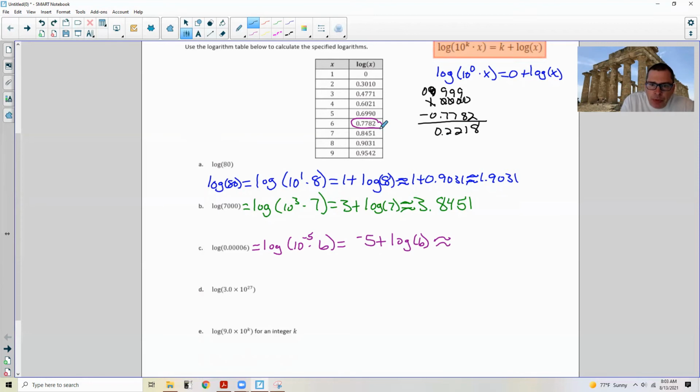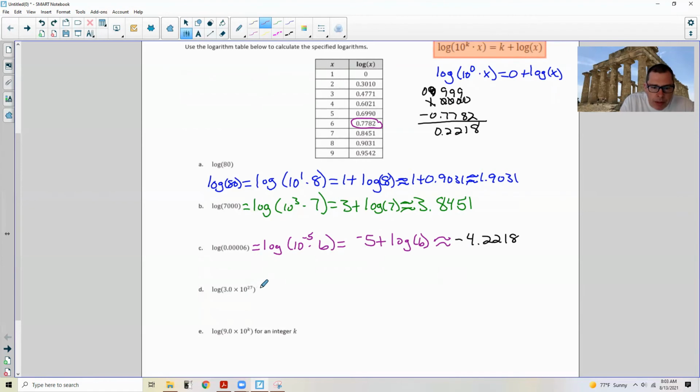So with negatives, we actually have to find the complement that gets us to a whole number, if that makes sense. So negative 5 plus log 6, which is this, will give us a negative 4.2218. So be careful with the negatives.